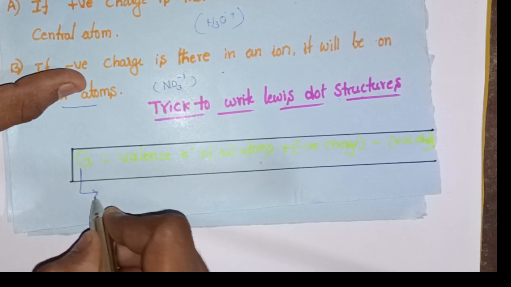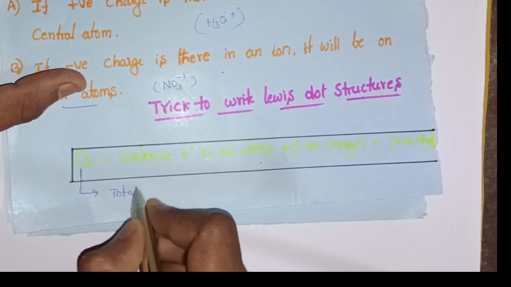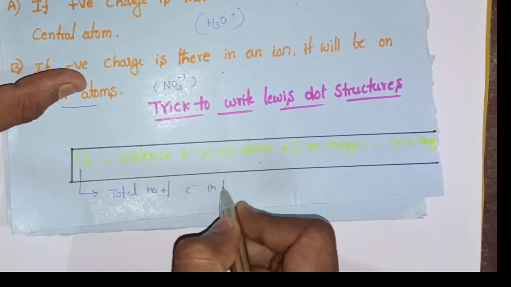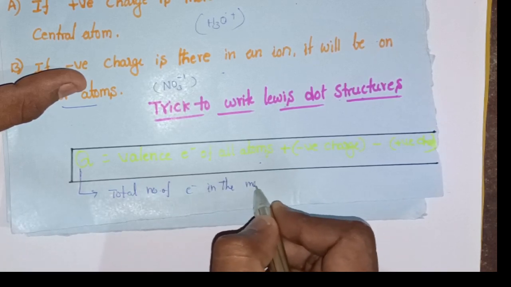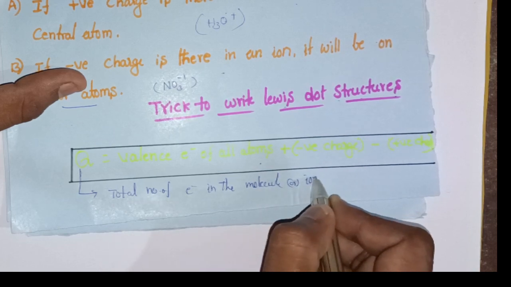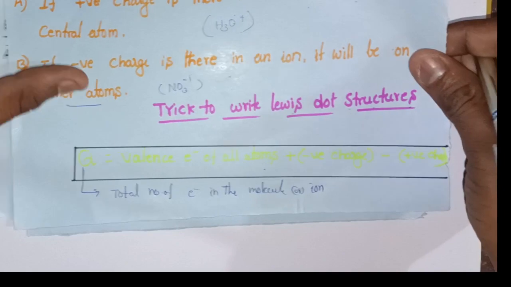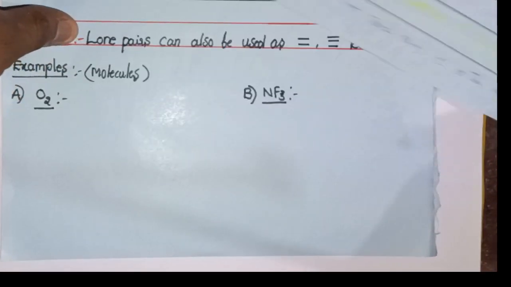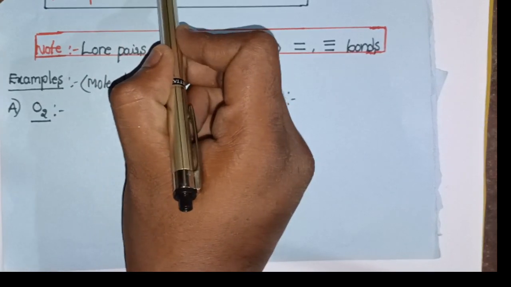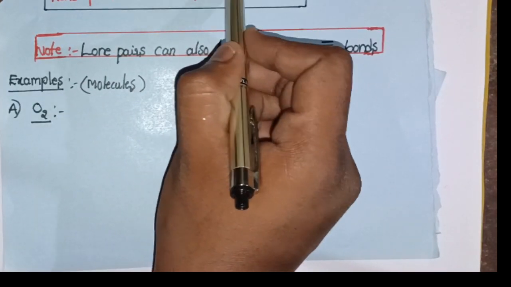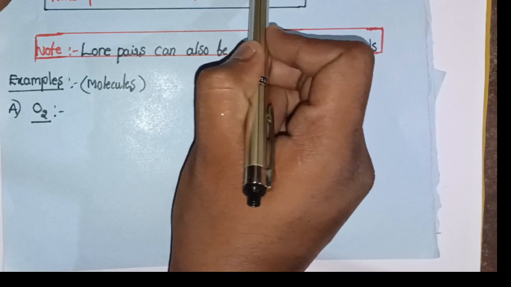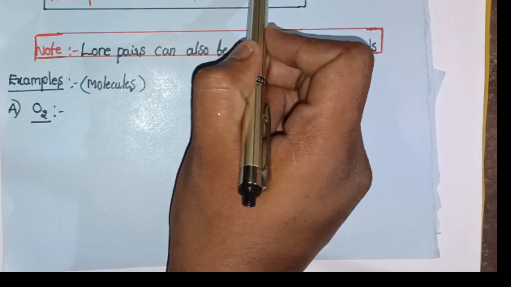Here Q means the total number of electrons in the molecule or ion. Let's see another formula: bond pair electrons is equal to 2 into the number of bonds around the central atom.